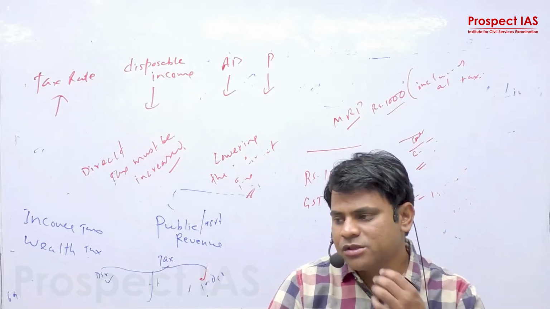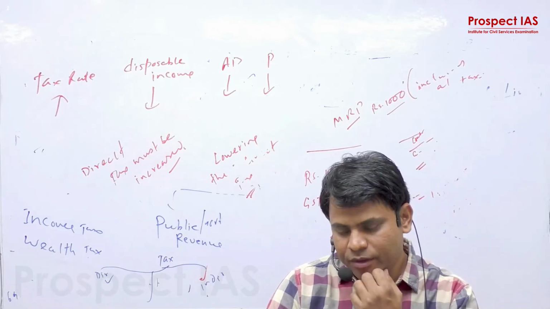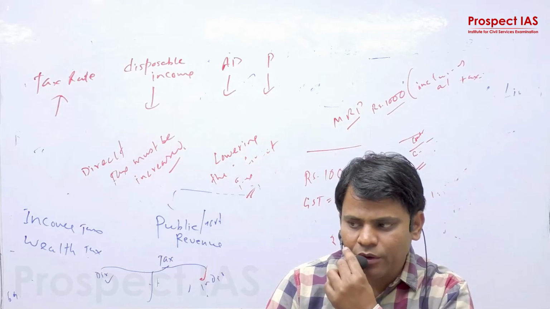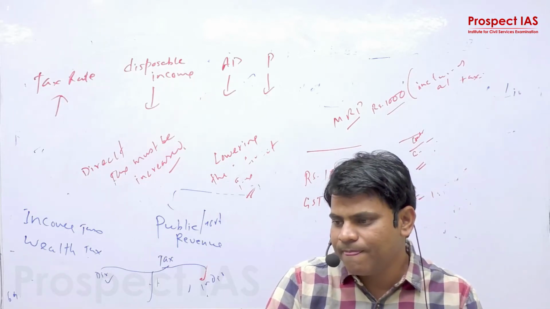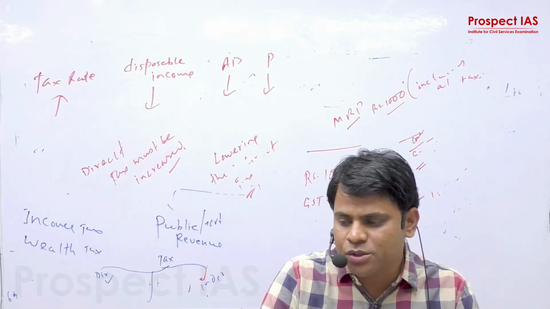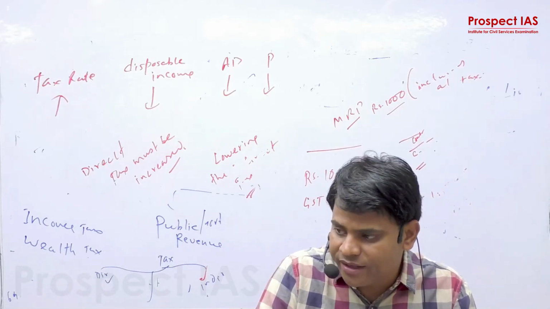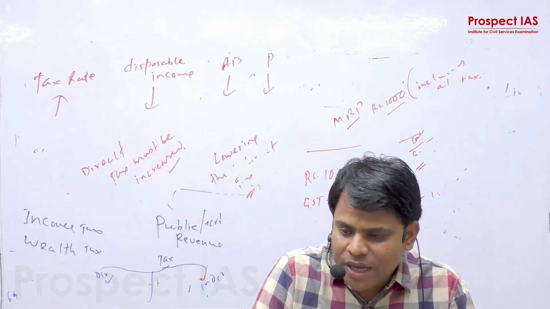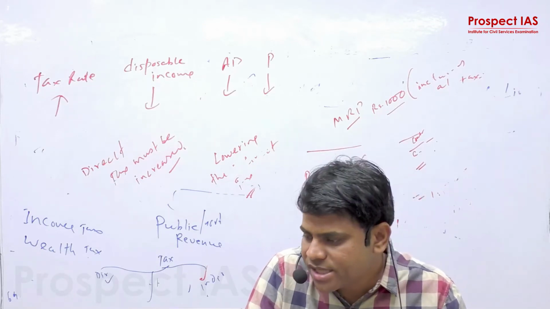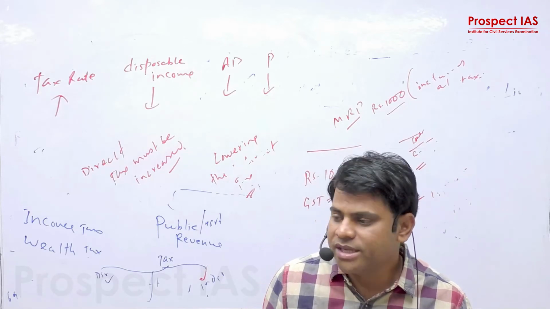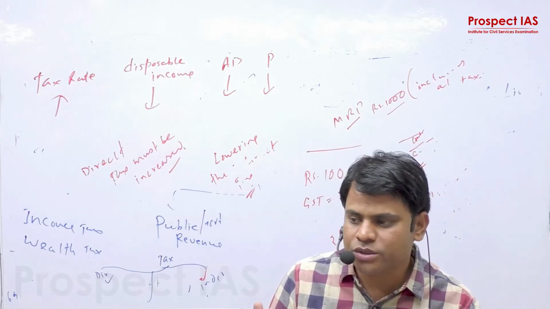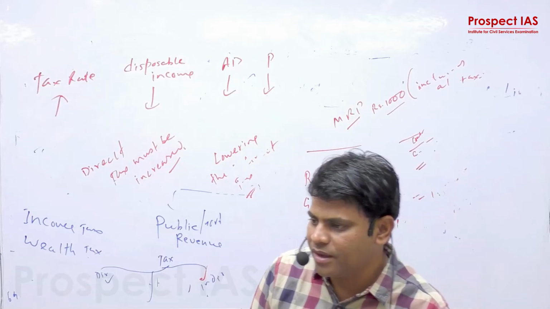So why are the prices of pulses increasing? Because we have not been able to fulfill the domestic requirement, right? Our domestic requirement is to the extent of 32 million ton every year, right? But we have been able to produce only 26 to 27 million ton every year. So there is a deficit to the extent of 6 to 7 million ton every year, right?